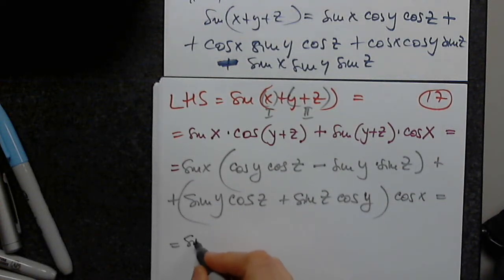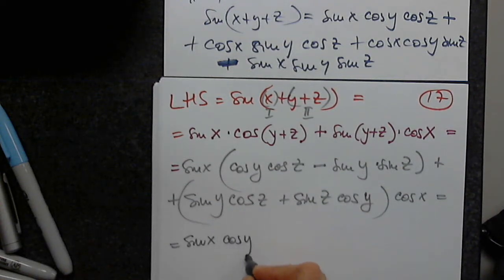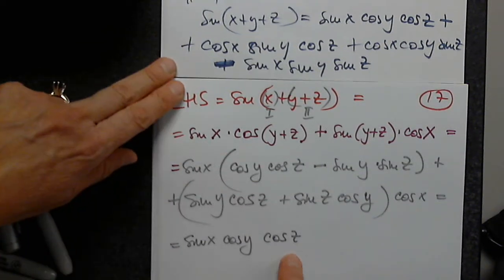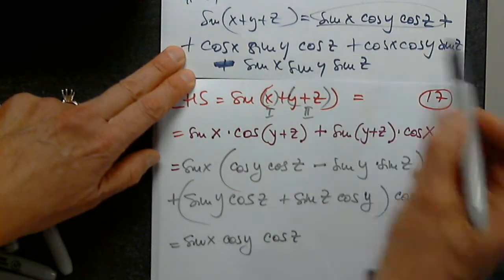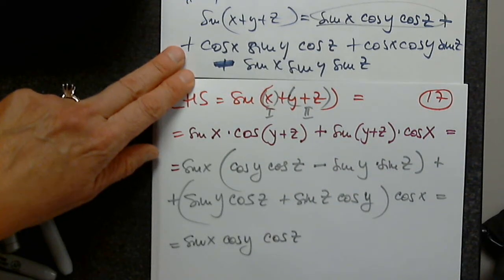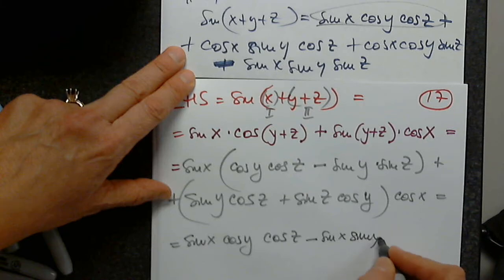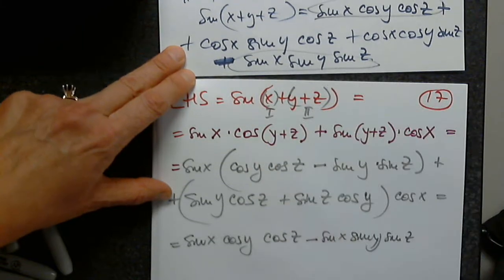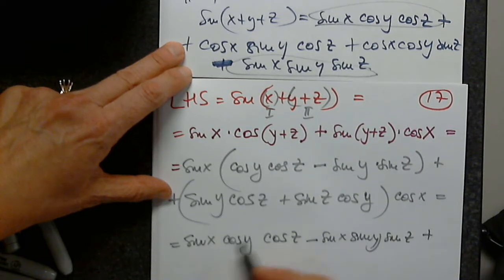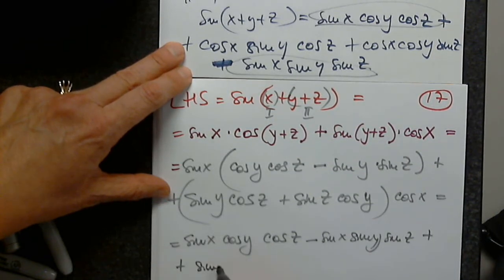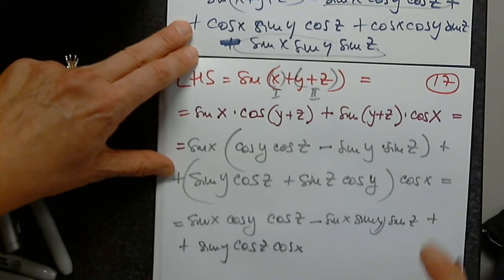So, sine x cosine y cosine z. Do I have a sine x cosine y cosine z? Yes, right here. And then minus sine x sine y sine z. Do I have this? Yes, right here. Plus sine y cosine z cosine x.